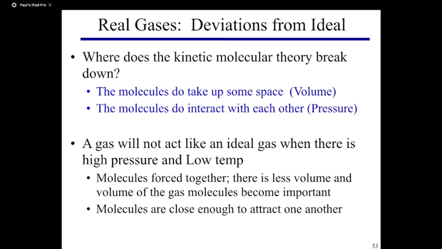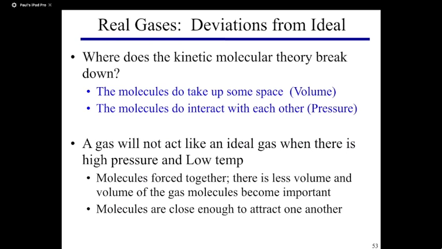How can I make them go slower and interact more? I cool them down, okay? They get small volume and they're going slower so they have more time to interact, or I put them under high pressure, meaning that they're really close to each other. Then they have to interact.